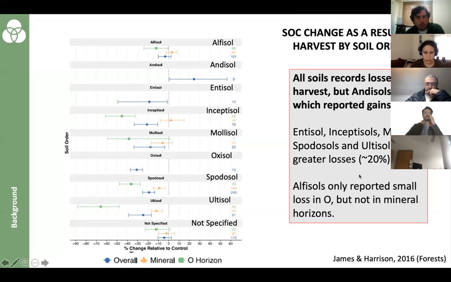However, there are some soils that have not shown a response, and these are the andosols, soils of volcanic origin, ash-derived soils. And this is very interesting, and we also want to look into that.